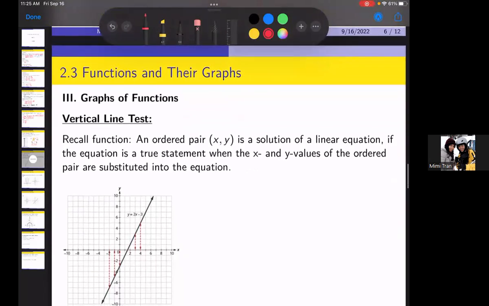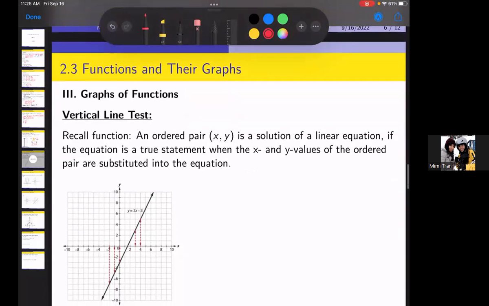Okay, so the vertical line test is based on the definition of the function. What I want you to remember from the definition of a function is just one thing. You don't have to remember the whole thing. X cannot be repeated. That's all I want you to know, right?